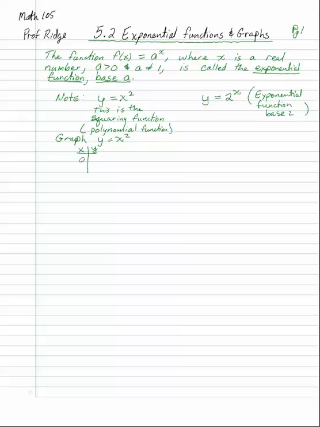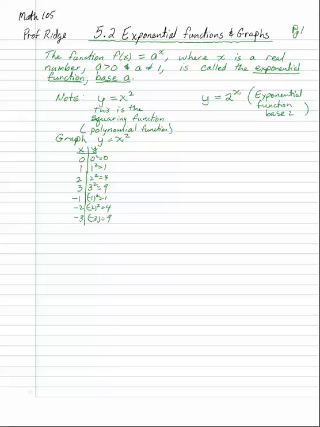If we put in 0, 0 squared is 0, 1 squared is 1, 2 squared is 4, 3 squared is 9, and then of course the negatives: negative 1 squared is 1, negative 2 squared is 4, and negative 3 squared would be 9.